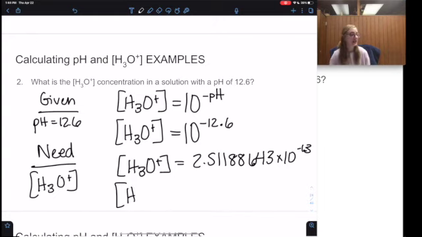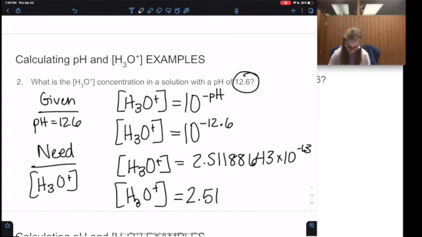Now I round to the proper number of significant figures. Here I'm given 3 in my problem, so I'm going to round my answer to 3 sig figs. So this is 2.51 times 10 to the minus 13. And we would say that that is molarity, capital M, but that's covered by the fact that I have used those square brackets around the H3O+.